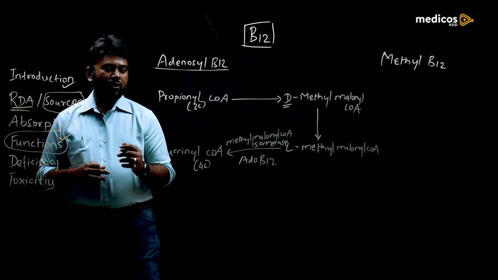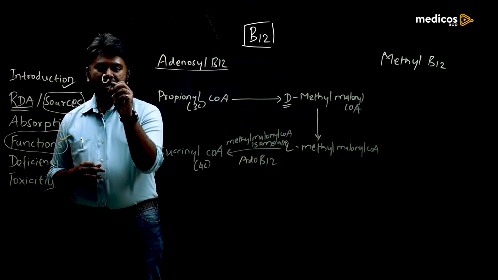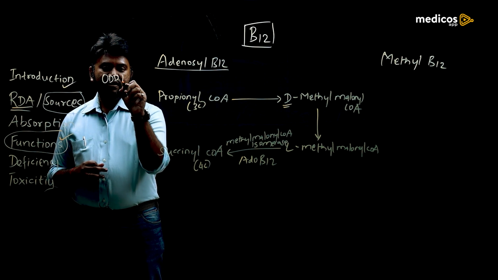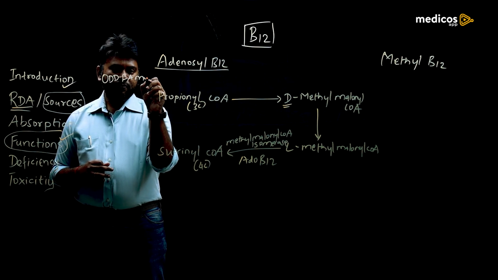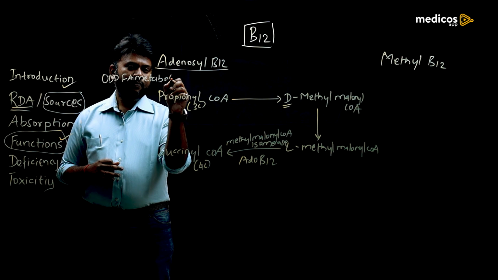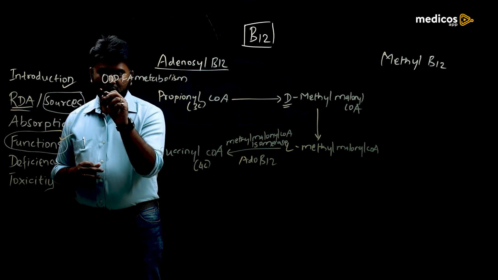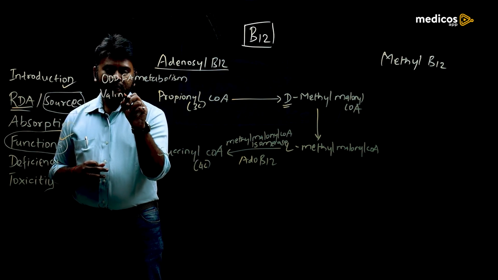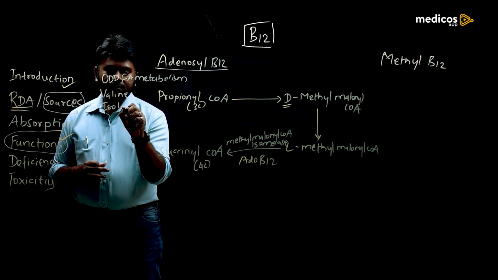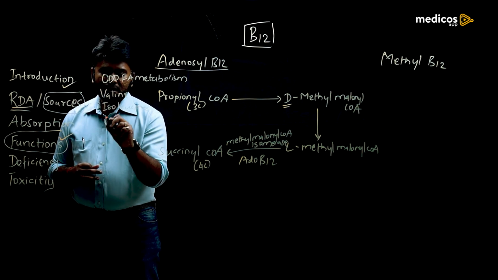Normally, this propionyl CoA is formed in our body during odd chain fatty acid catabolism, or during the catabolism of valine, isoleucine and methionine.